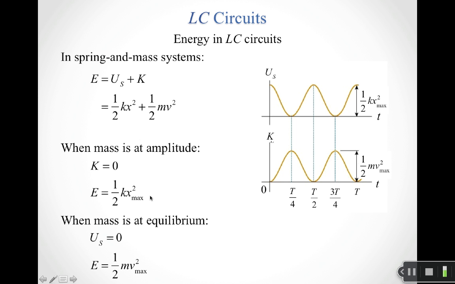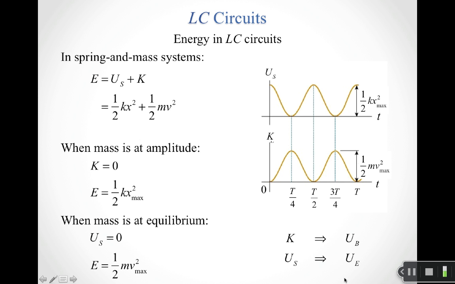That tells you the maximum kinetic energy has to be equal to the maximum potential energy, and both are equal to the total energy within the system at any point in time. Pick any time and any location, and you can always figure out the energy, because it's set by how far you pull the mass out and then let it go.